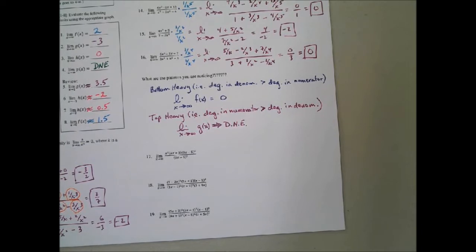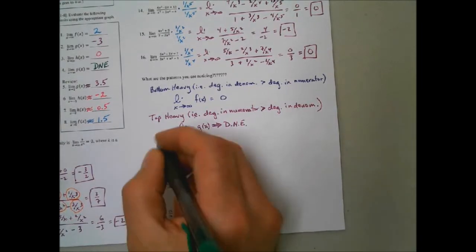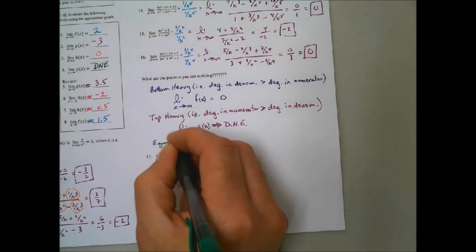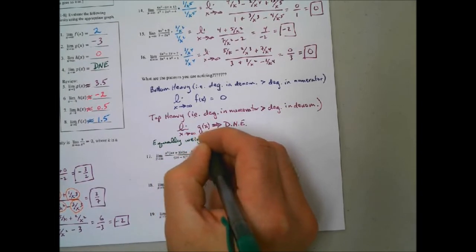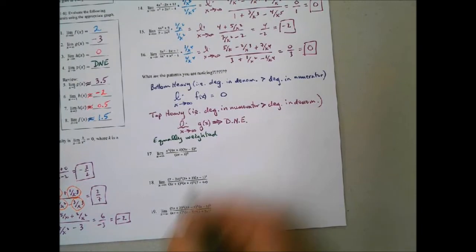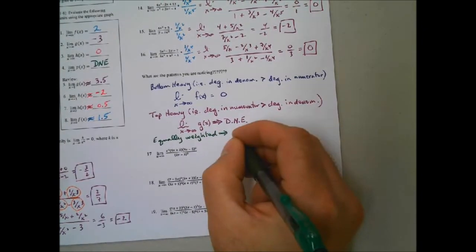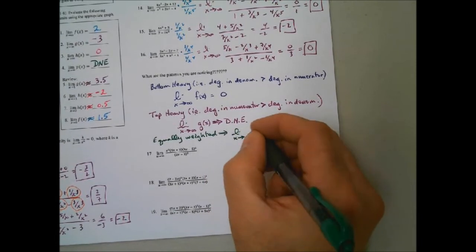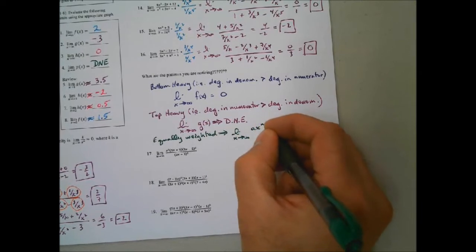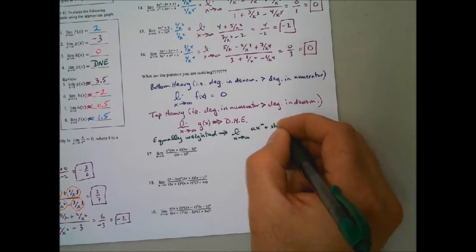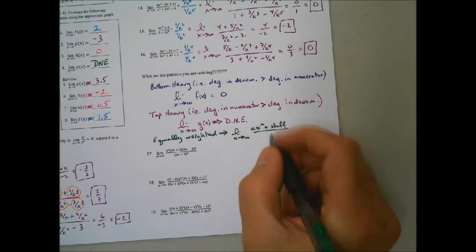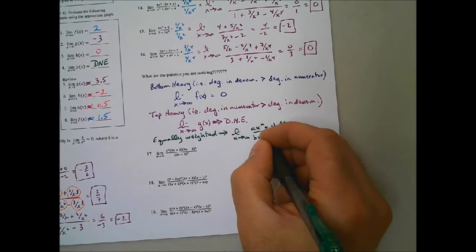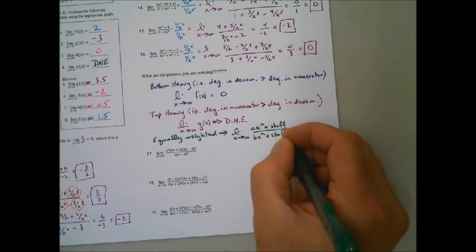Okay, that leaves one other situation that was happening more than either of those last two. The other situation is where the degree in the numerator and the degree in the denominator is the same. So it's equally weighted. That's the limit as x goes to infinity of ax to the n plus stuff over bx to the n plus stuff.